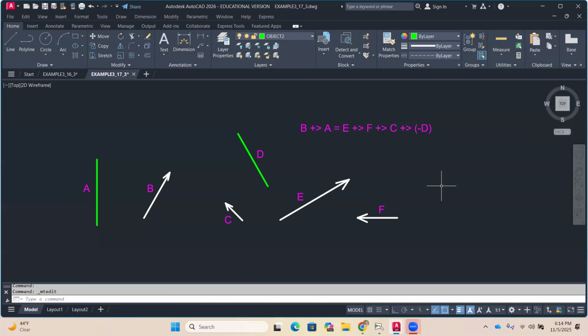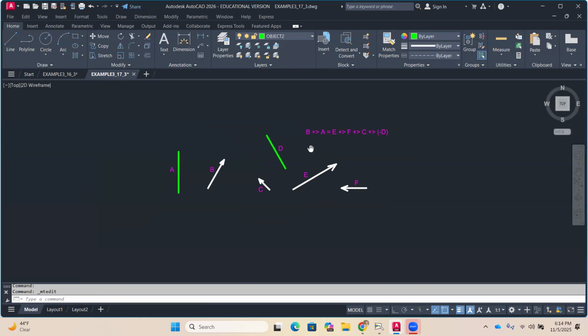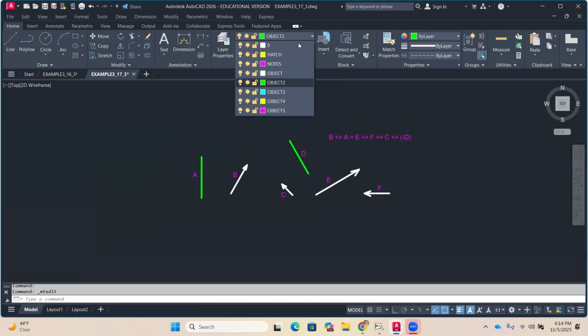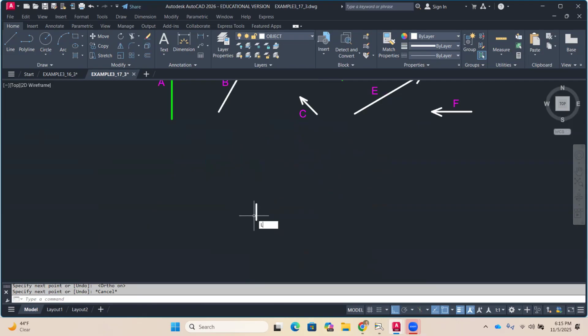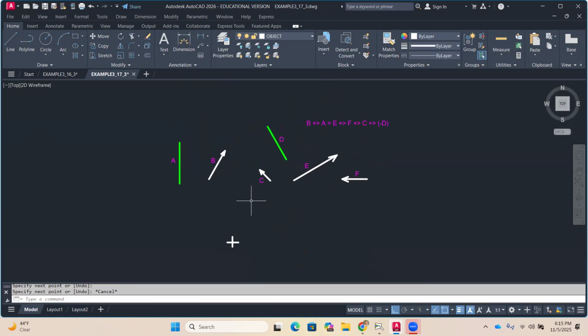So now what we want to do is see where our equal sign is. We're going to start on the left-hand side with B, and we're going to add A to it. I'm going to start by creating an origin, maybe right about here, just large enough so that I can see where it's starting, because that tells me where the equal sign is.